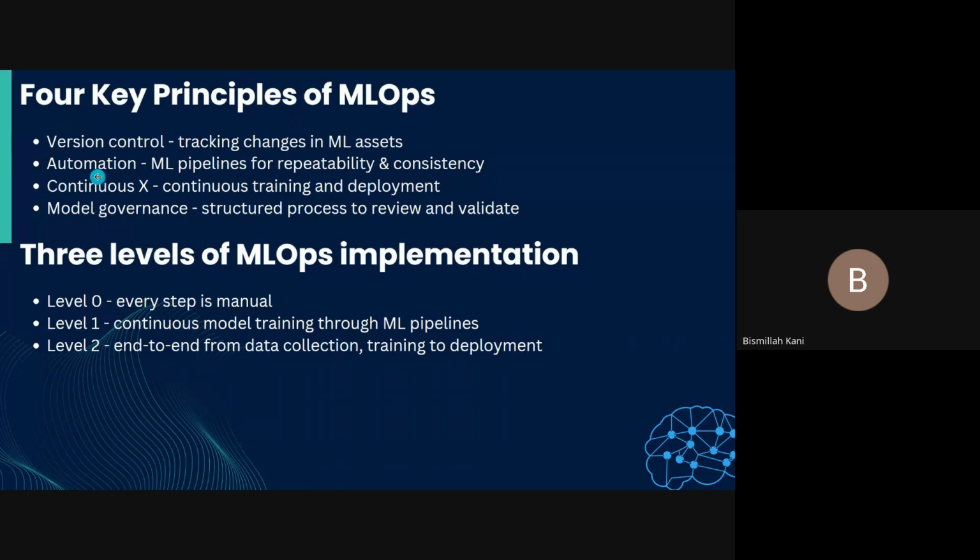The second key principle that MLOps is built on is automation. Okay. Now, there are different key pipelines in these machine learning workflows. One could be a data pipeline, another could be a model training pipeline, another could be a model evaluation pipeline, and then a model deployment pipeline and a model monitoring pipeline, right?